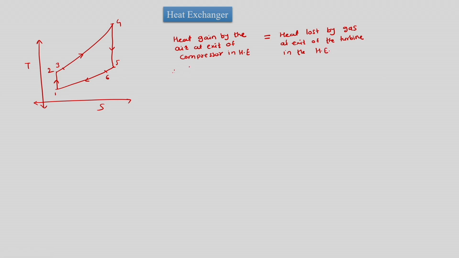So, this is H3 minus H2, which is equal to H5 minus H6. So, we know that Cp into T3 minus T2 is equal to Cp into T5 minus T6.